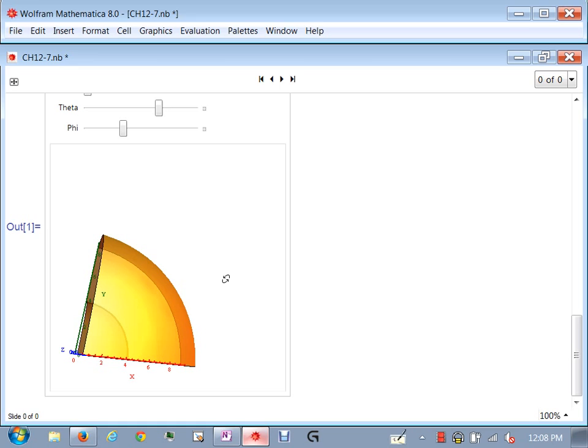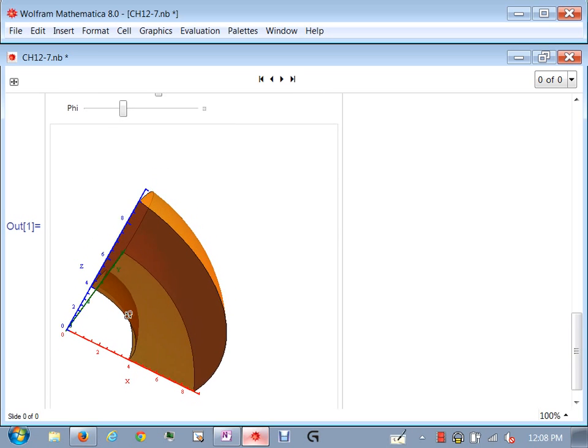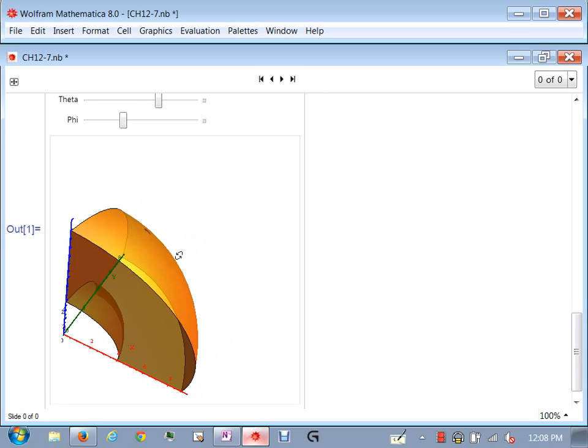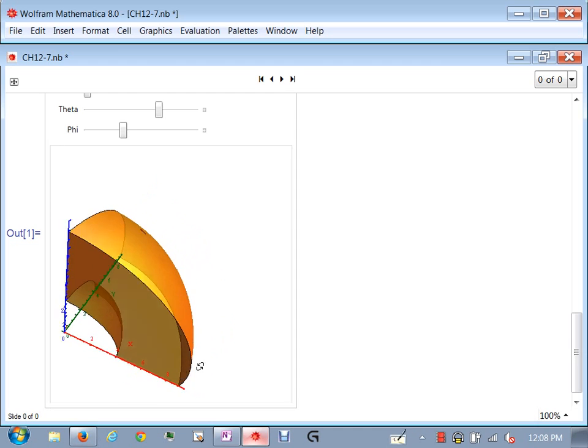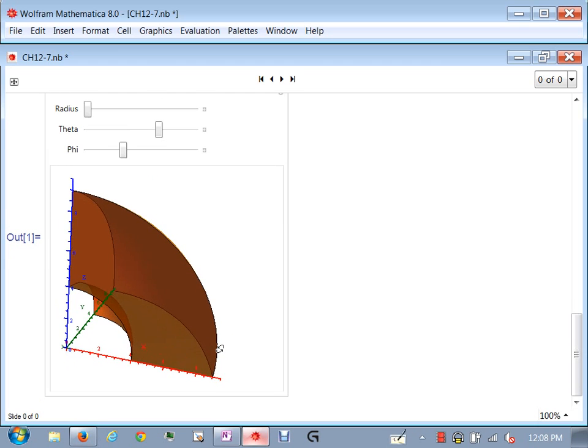Say again? They don't meet? How do you mean? Yep, you have a top and a bottom. I think I have a top and a bottom here, don't I? I have the top, this is the top sphere, and then the bottom is this.